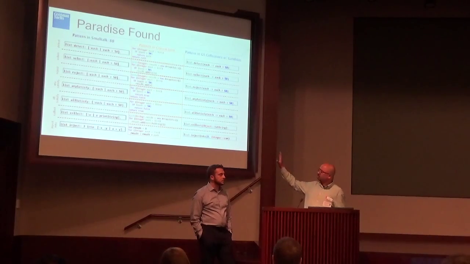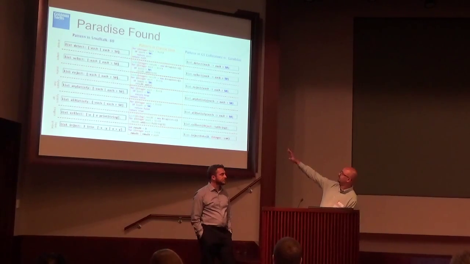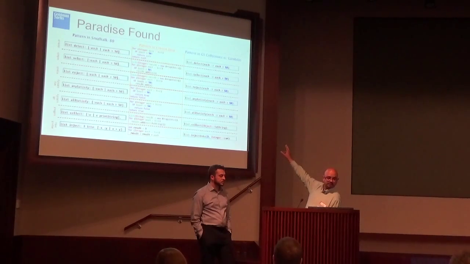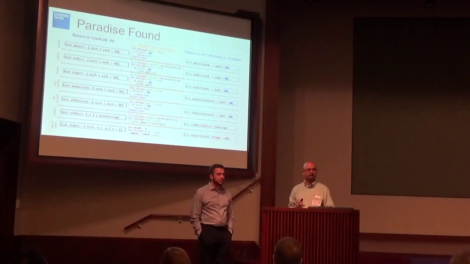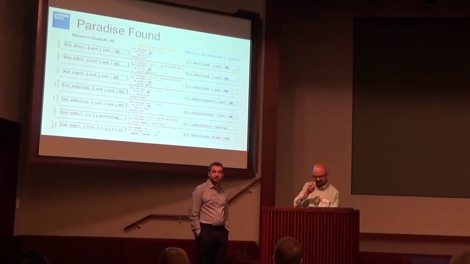This slide is a bit more busy, but if you focus, you notice that we have patterns in Smalltalk, how they were used, compared to what the classic patterns in Java look like, and how we achieve similar results using GS Collections. Now, you have detect, which is a pattern to find an element, a filtration kind of pattern.